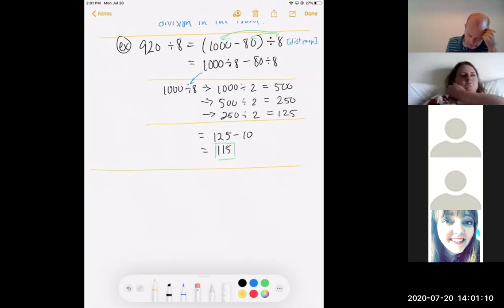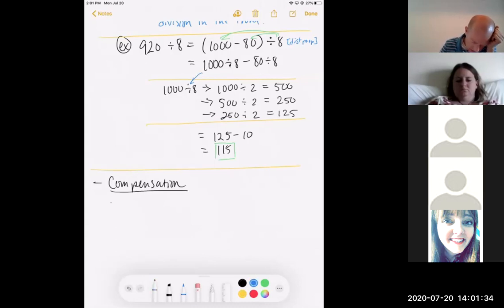The next way is called compensation. We've done compensation with subtraction and addition.